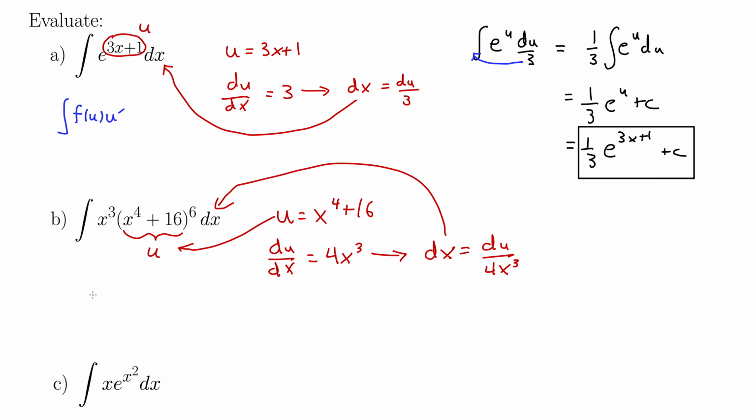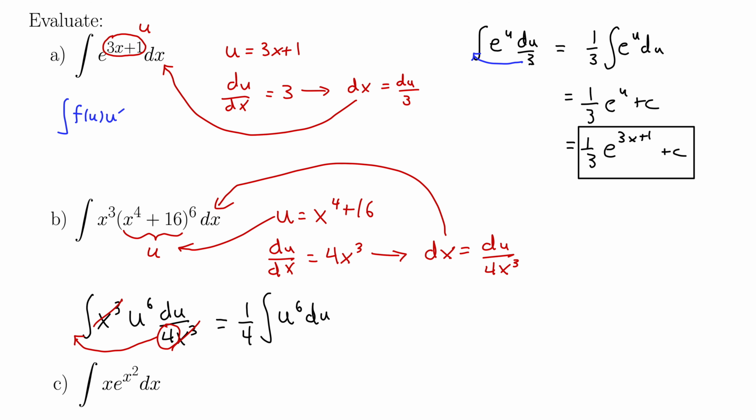So this integral becomes the integral of x cubed times u to the 6th, but dx is du over 4x cubed. Well, our x cubes cancel, but note that we still have this 4 hanging out, which I'm going to bring out as a 1/4 to the front of the integral. So this becomes 1/4 times the integral of u to the 6th du.